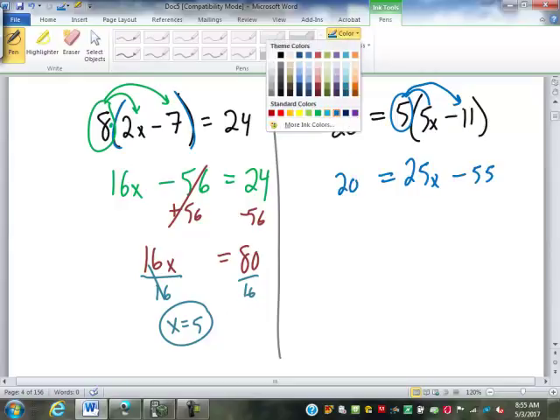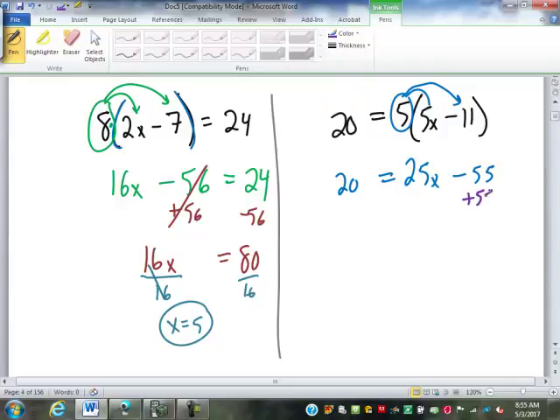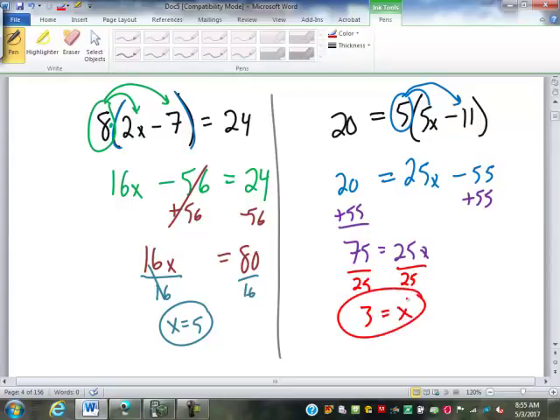Then what? Careful. Got to add the 55 first. So 75 equals 25x. And then divide by 25. So 3 equals x. No, x equals 3, 3 equals x means the same thing.